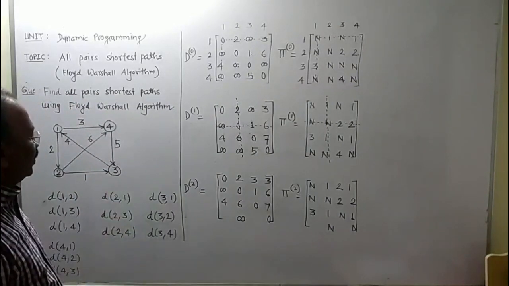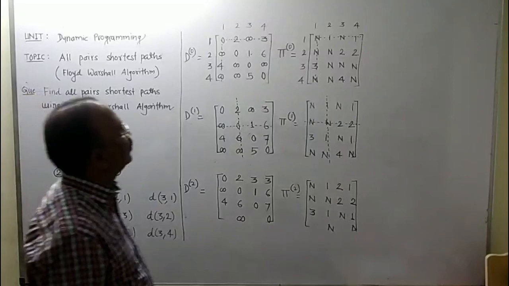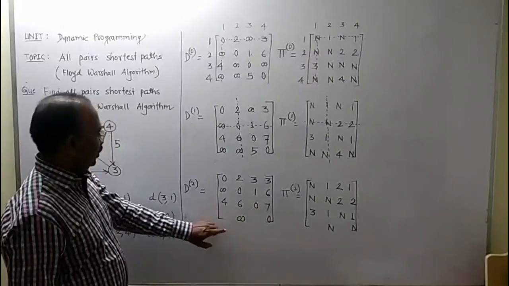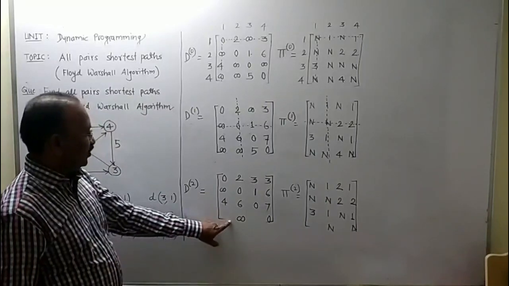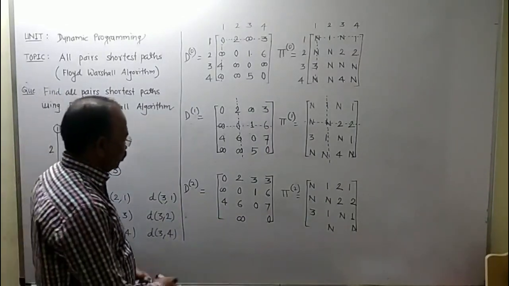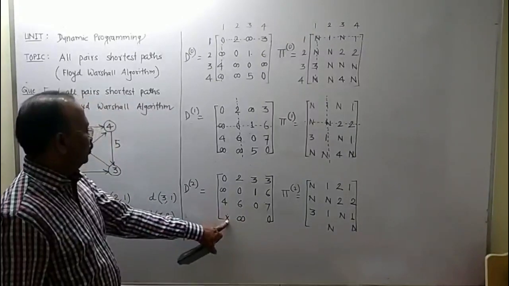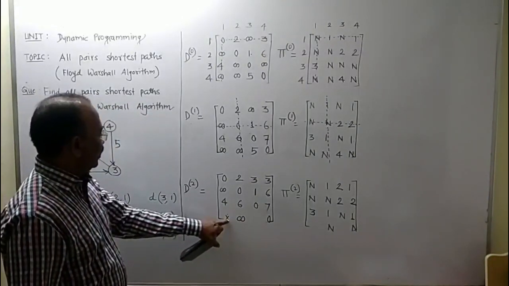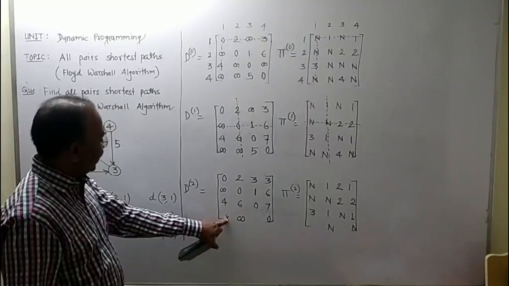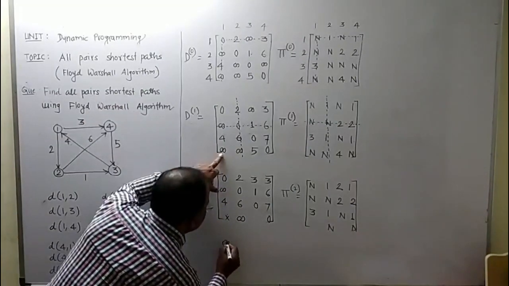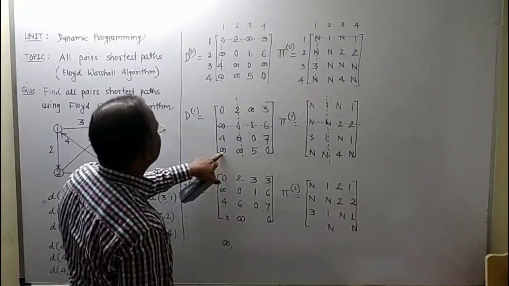Now find out D3 and the pi 3. Okay. So the fourth row is left. So find out the value for these positions. Then track these positions in D1. That is infinity.